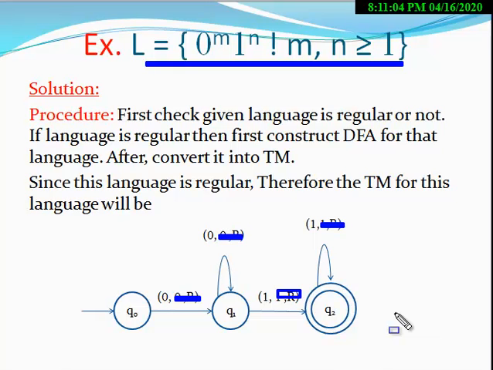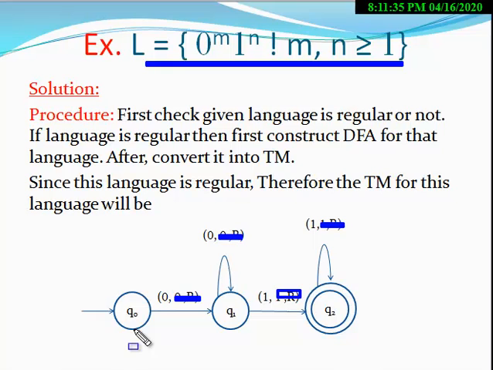I think all of you know how to make a DFA corresponding to this language. Here we only study the method by which you construct a Turing machine. Now clearly this is the DFA corresponding to this language.